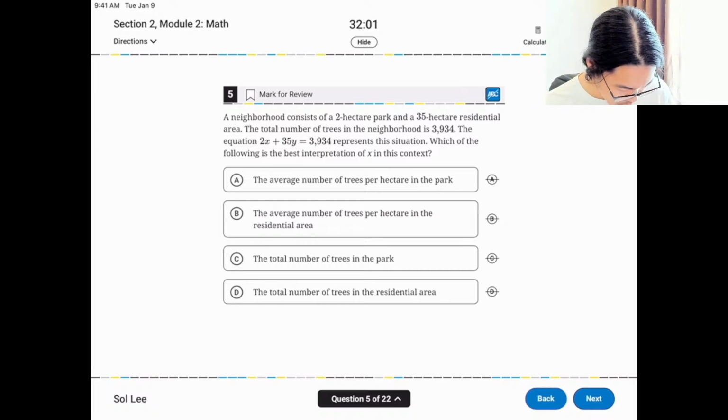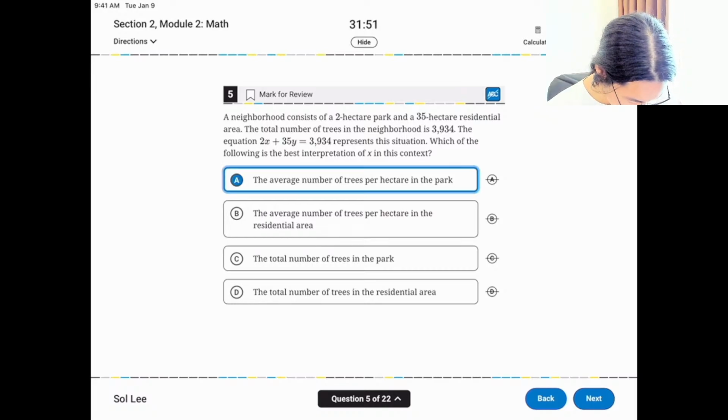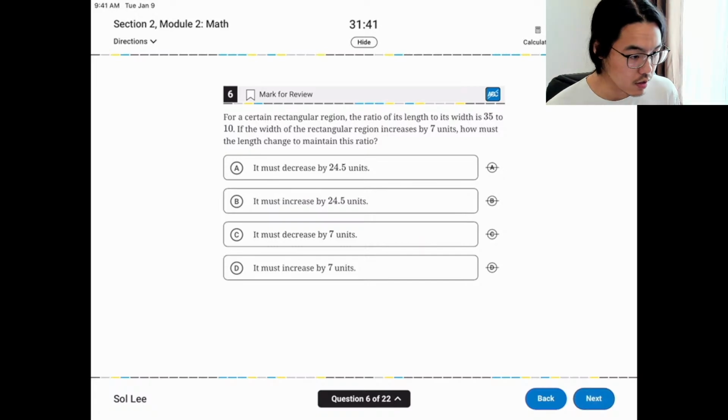X is the number of trees in the park. No, trees per hectare in the park. Correct.